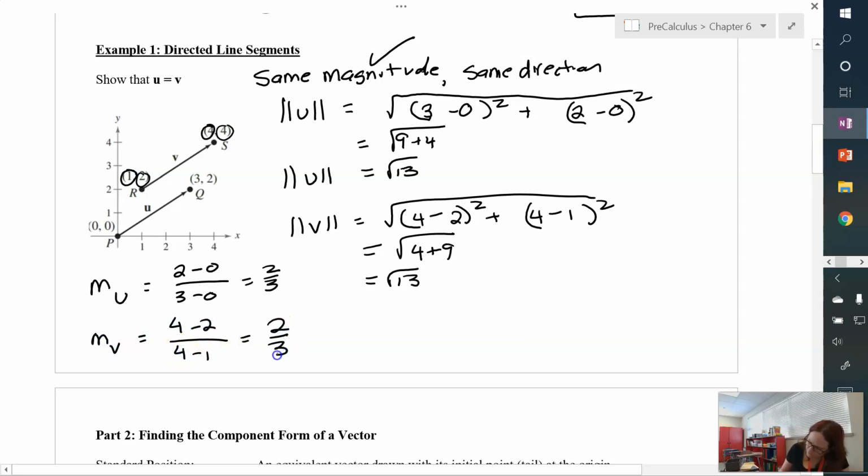I get 2 over 3. So I have the same direction now. So we know that vector u and vector v are equivalent. I'm going to say vector u equals vector v.